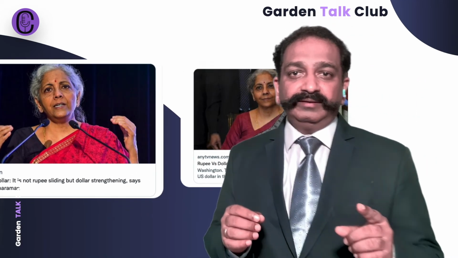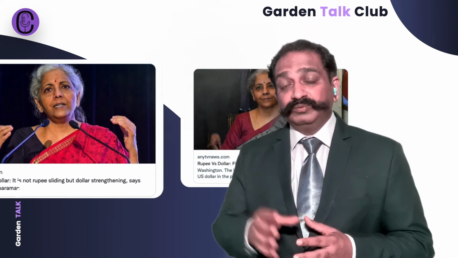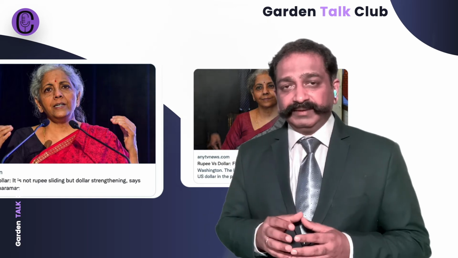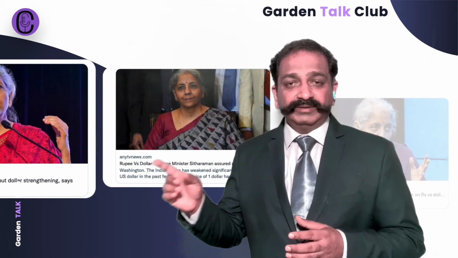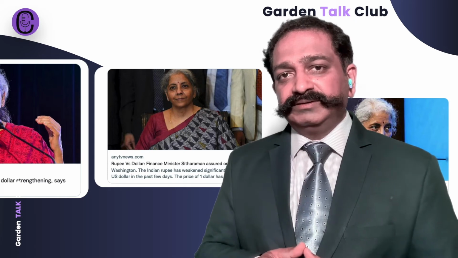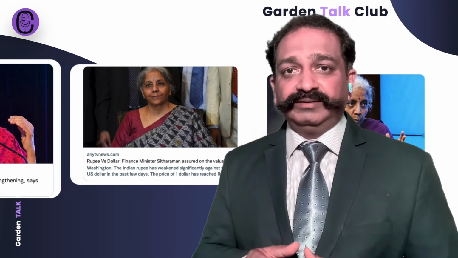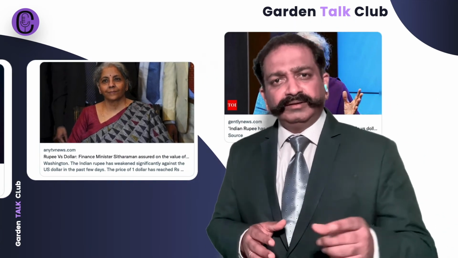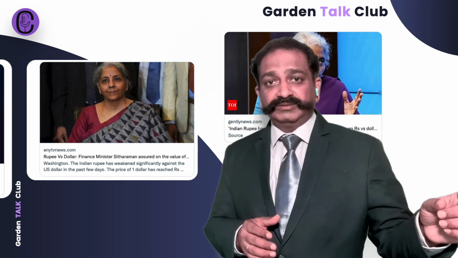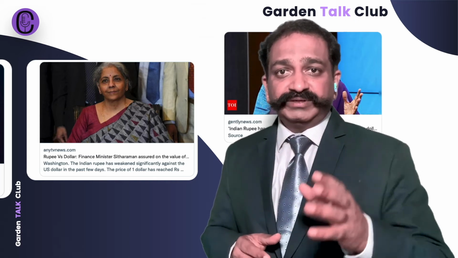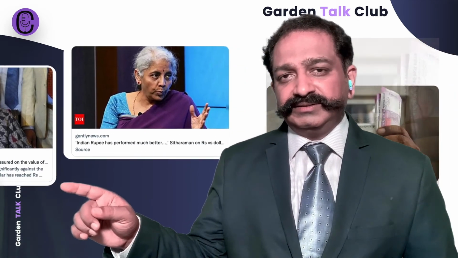The rupee is not weakening. But I'll tell you one case when the rupee actually weakened, and that happened during 2008 to 2014. Check the Fed rates of the last 40 years. Fed rates were zero during 2010 to 2014. Now check the dollar index of the last 40 years, from 2001 to 2022. There was a time when the dollar was very strong. 2008 to 2014 was a time when the dollar was weak against all those six currencies.